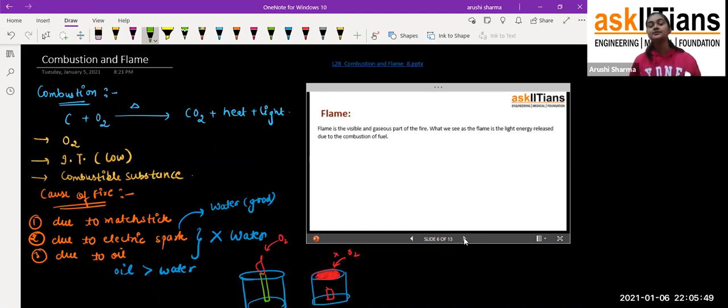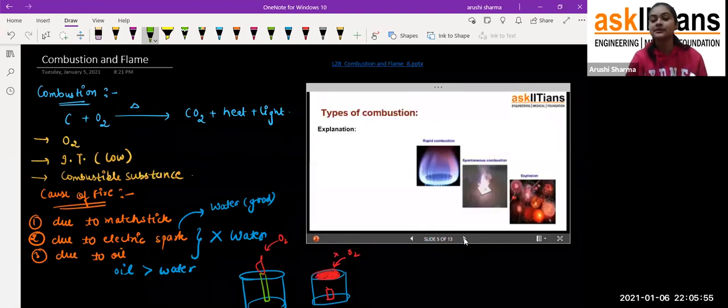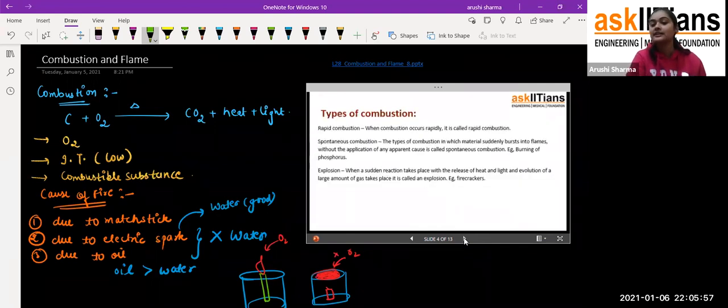For example, students, you can take the example of explosion in the case of crackers, but there are also firecrackers that release a large amount of gas on explosion.